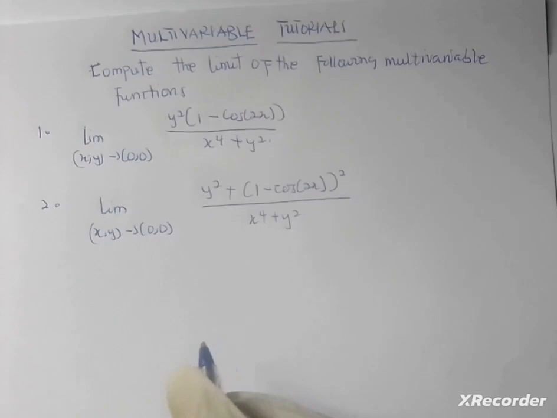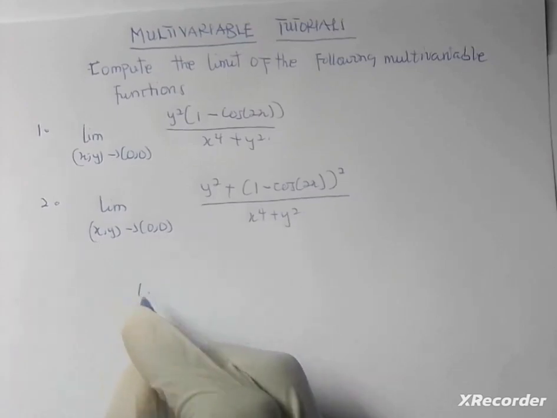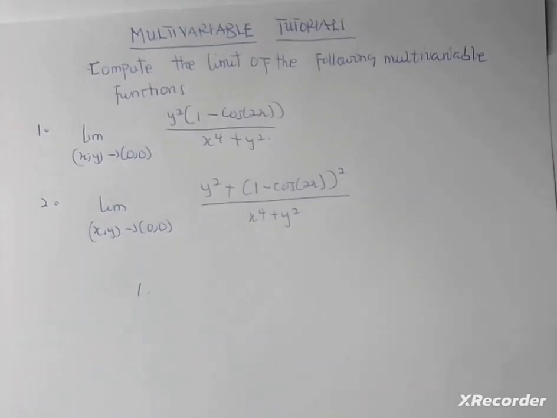Let's tackle the first tutorial. For the first one, we have to find the limit as (x,y) approaches (0,0). When you talk about limits of single variables, where we used to have only one variable, we approach a limit point from either the left side or the right side, which introduces the right limit and the left limit.